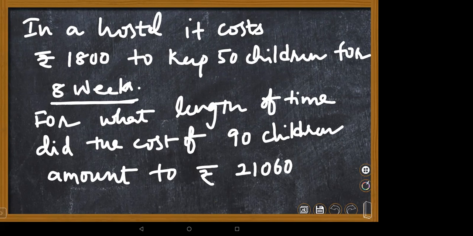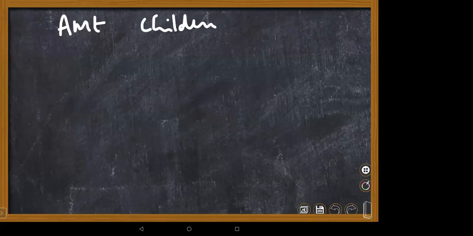This is also same like a tabular form you're supposed to prepare, children: amount, children, time period.